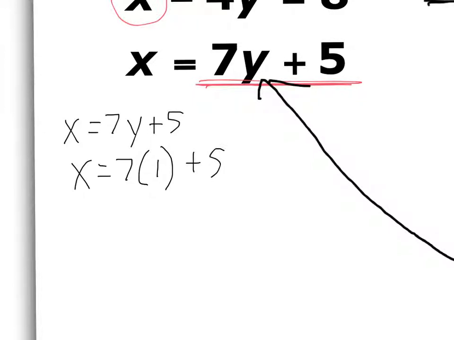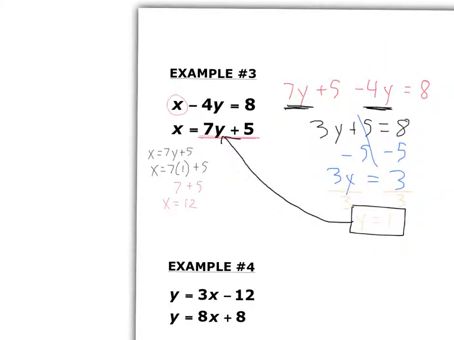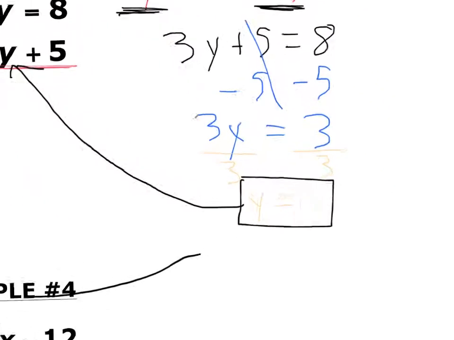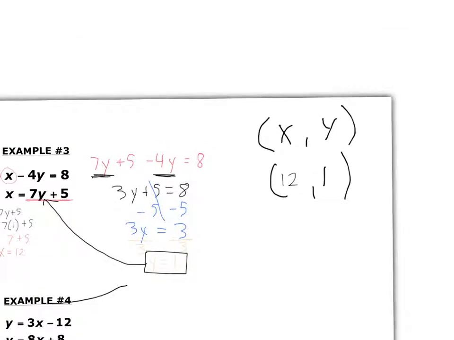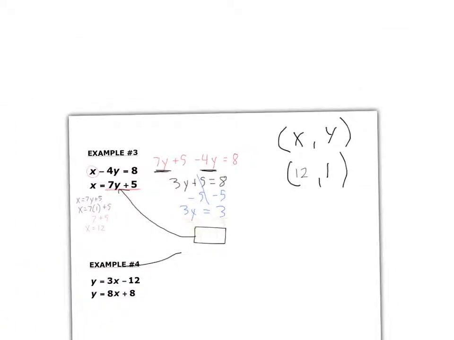Okay, now 7 times 1 is going to give us 7. And if we add 5 to that, we get x equals 12. Okay, so that would be our final solution of this guy. Okay, so there's your ordered pair solution, 12, 1, for this specific problem.